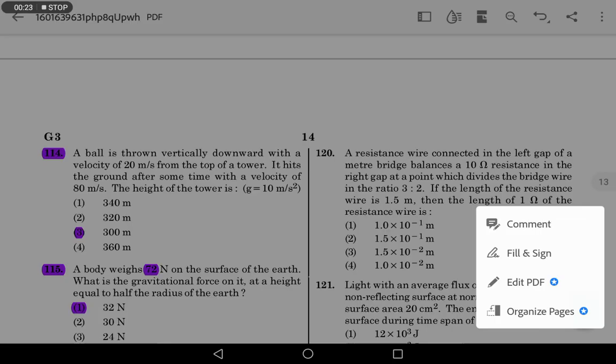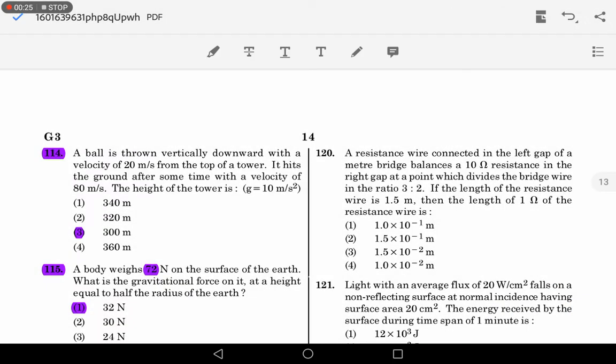So we are given the initial velocity, final velocity and also g. We are supposed to find the height. So we are given the velocity and we are supposed to find the height. Use the third equation, or velocity distance equation, which is v square minus u square equal to 2as.